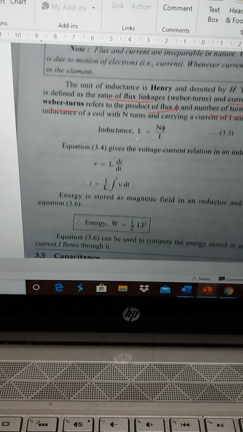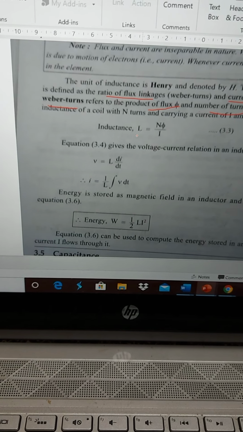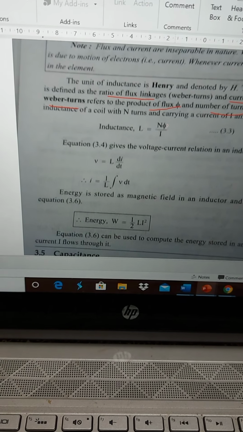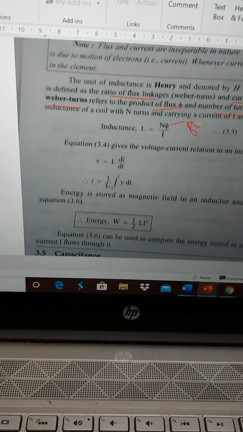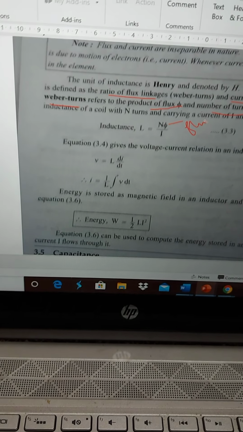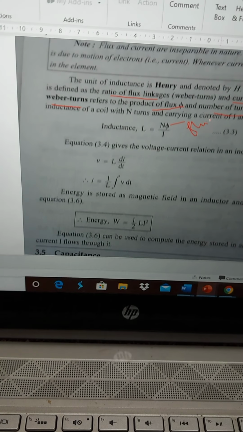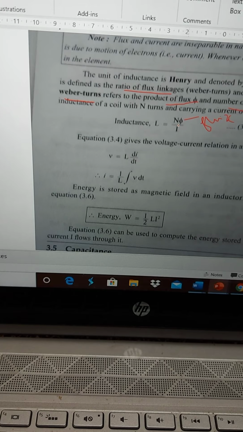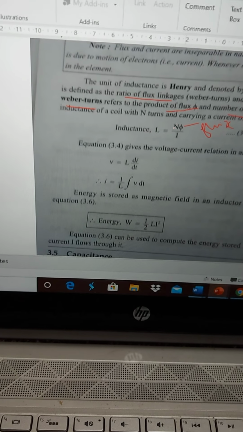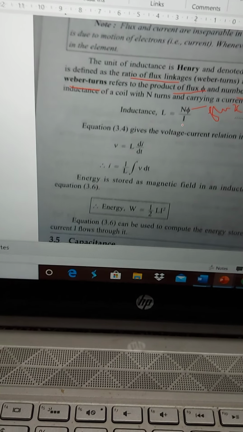So now you can see inductance L is equal to n phi by I, where phi is the flux and n is the number of turns.